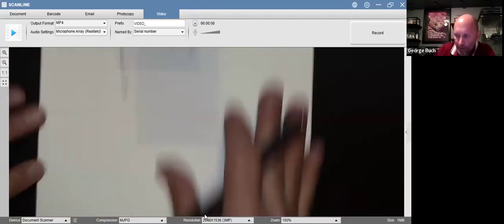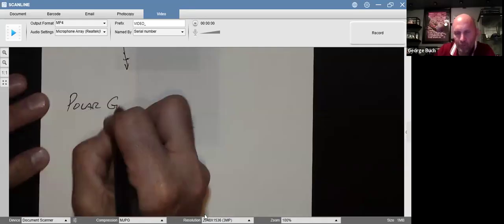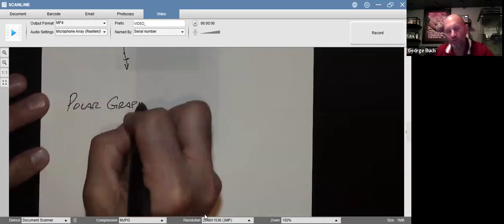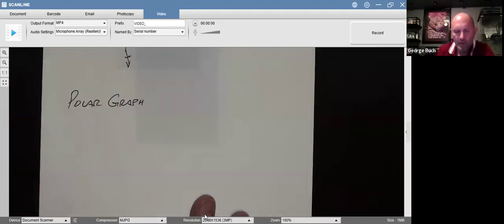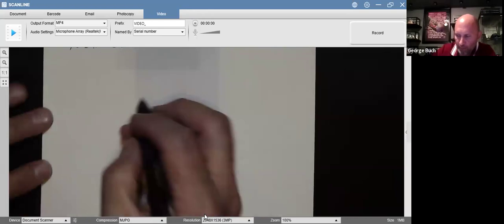A polar graph, and we'll look actually at different types of figures that can be drawn in the next lesson. But as we're plotting these points, it's like, well, where am I plotting them?